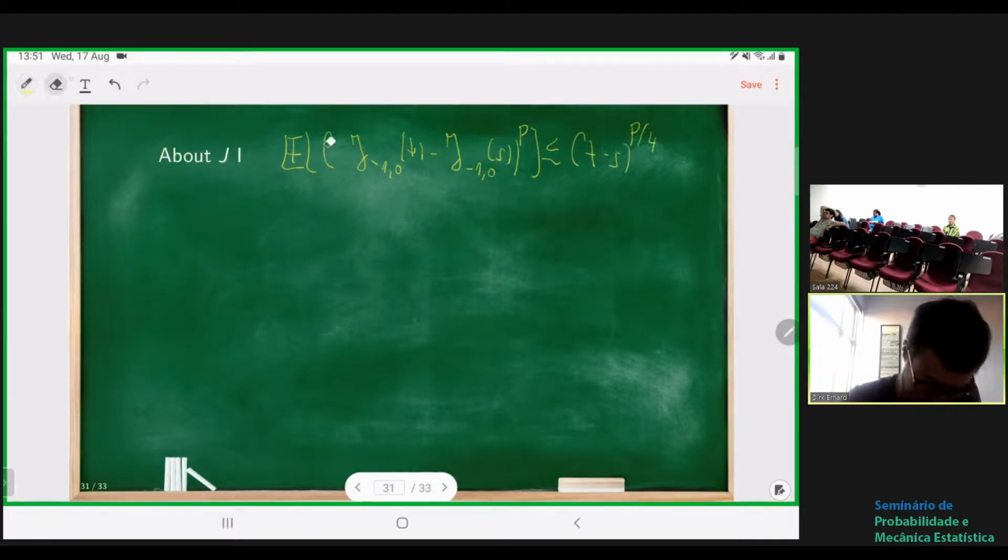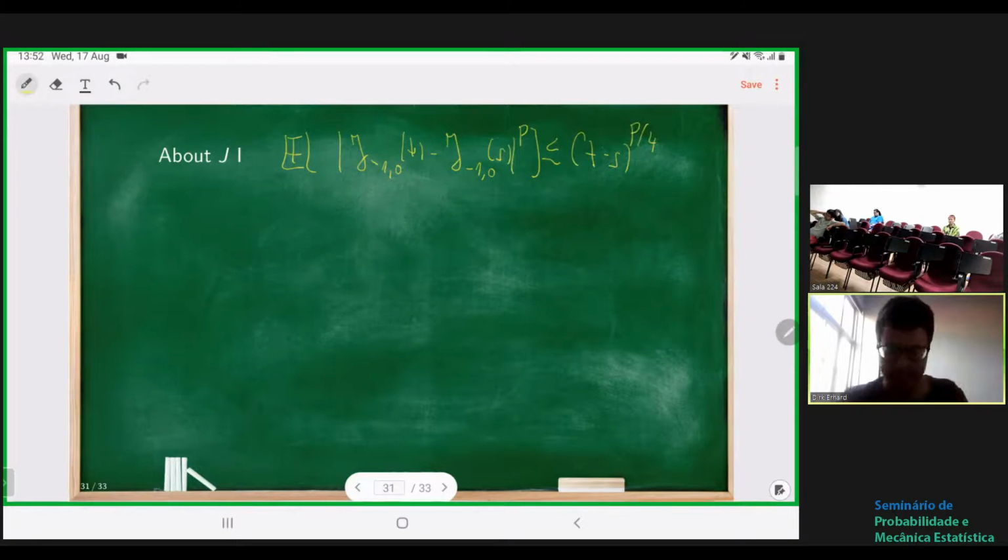Actually, there should be probably absolute values, I guess. You have an estimate of this order. So if the exponent here should be larger than 1, you should choose p equal to 6, right? Because you don't want to deal with this absolute value. So this would be kind of the optimal thing.